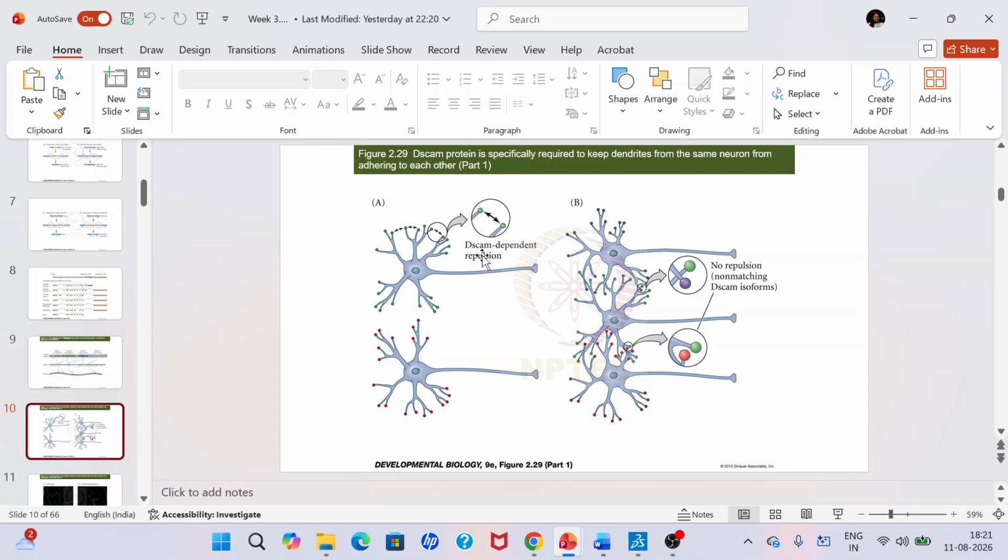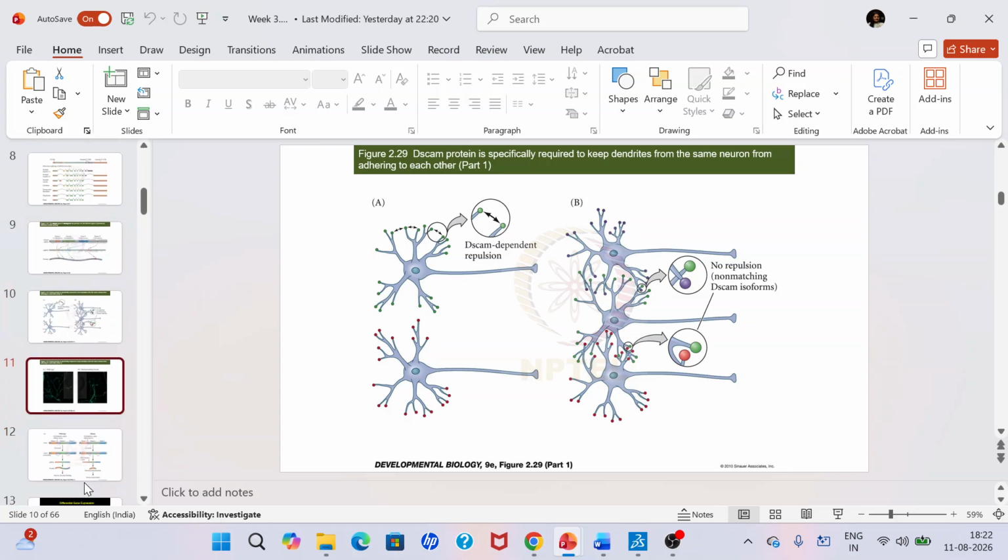So if DSCAM protein is coating the dendrites, it will lead to some kind of repulsion. And if the DSCAM proteins are not matching, then there will be no repulsion and there will be crosstalk between the neurons.